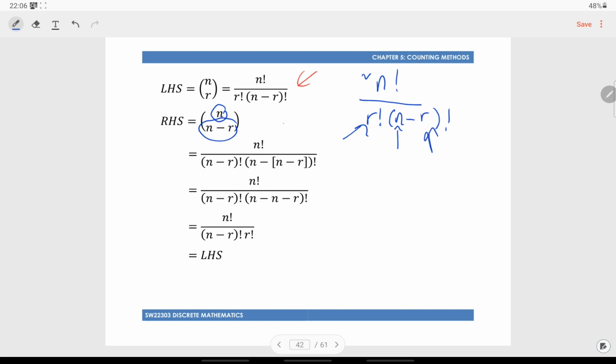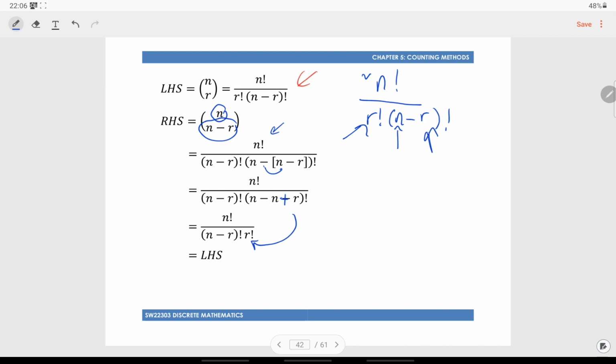So we have n factorial over n minus r factorial times n minus r factorial. And then we simplify. This one becomes n minus n plus r, because minus times minus equals plus, so the remaining value is r factorial.